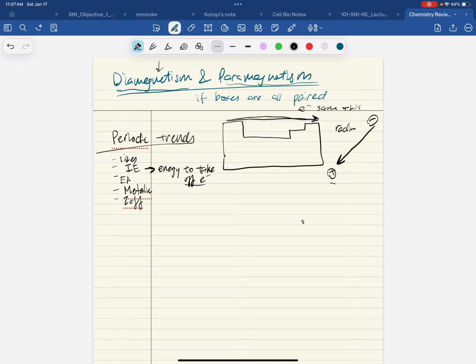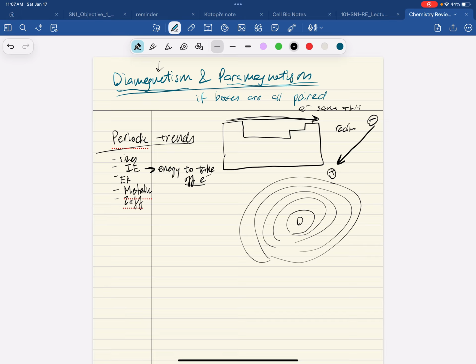That is logic as well, because if there's a center that's positive and there are so many layers and the radius is so big, it's easier to remove this electron than this one, because this one is so attracted to the center, whereas the far one is only a little bit attracted, also because of shielding of the other electrons and the distance, the Q1, Q2 divided by R squared. If it's a bigger distance, then the attraction energy is much smaller. Either way, taking off an electron that is far is easier than if the electron was closer.